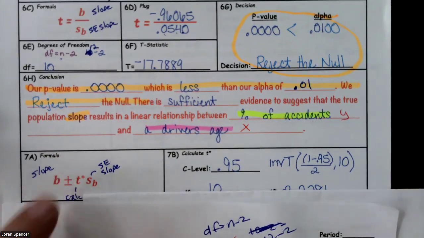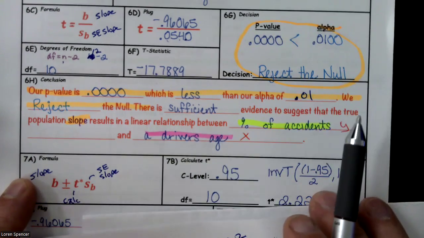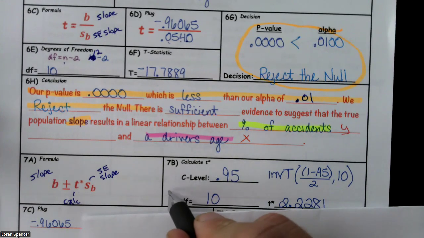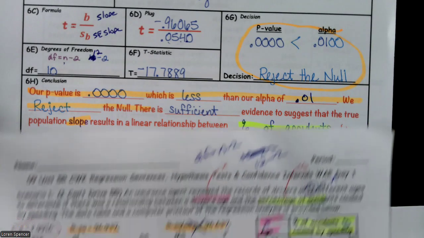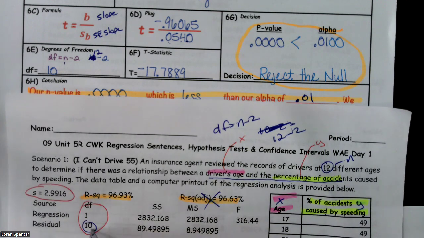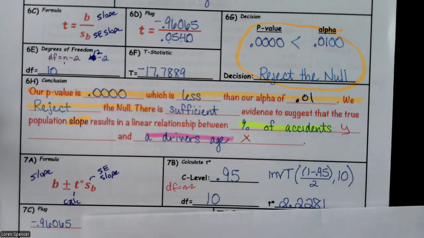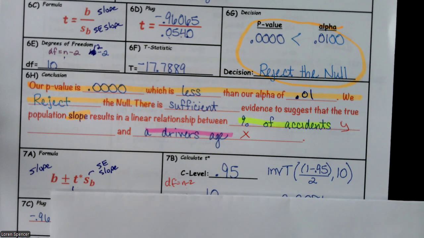To calculate T star, I'm going to need my confidence level. And they ask for 95%, so we'll just write that down. It asks for my degrees of freedom. And remember, degrees of freedom is n minus 2, which in this case was 12 minus 2. However, I can pull it directly off of the chart where it says 10 degrees of freedom. Let's see if we can calculate this the way it's shown here.